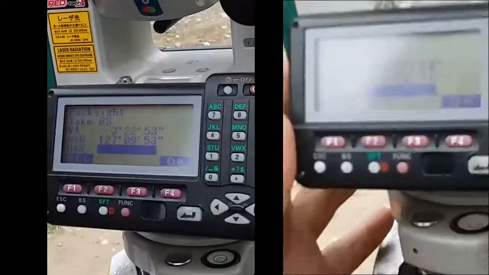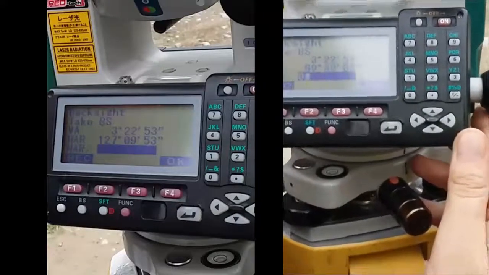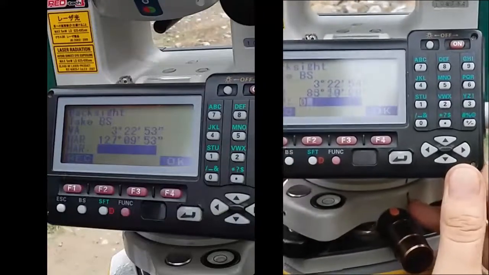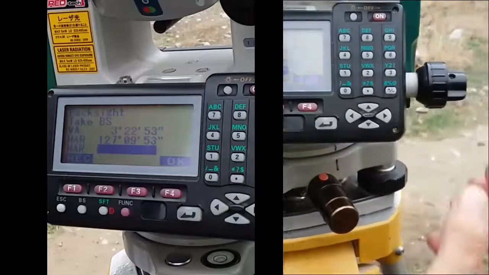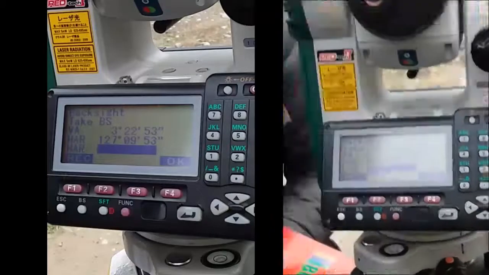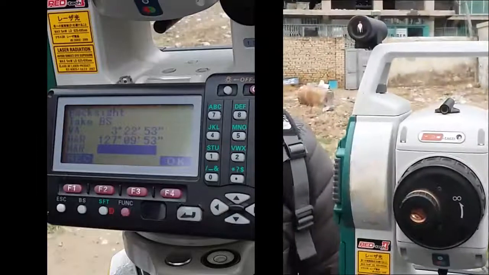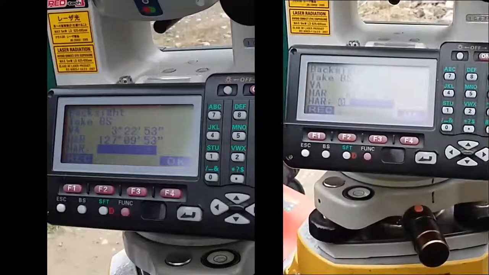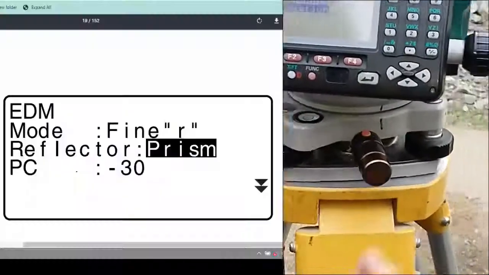Azimuth angle, earlier we said, is measured from north. So we are entering the data 0 and fixing our compass, making the angle 0. Here you see our angle is 0. We are locking our total station here on 0, entering the value 0 and OK.